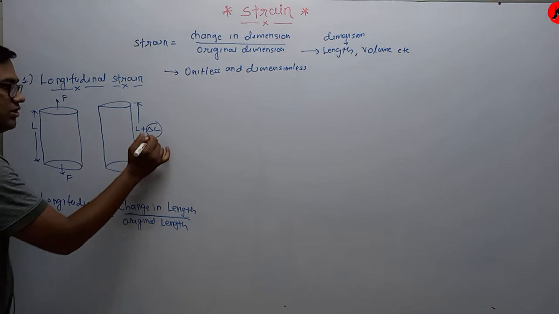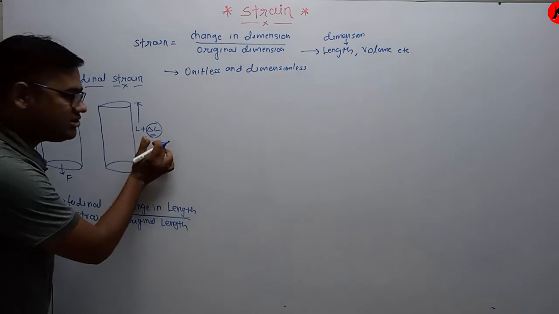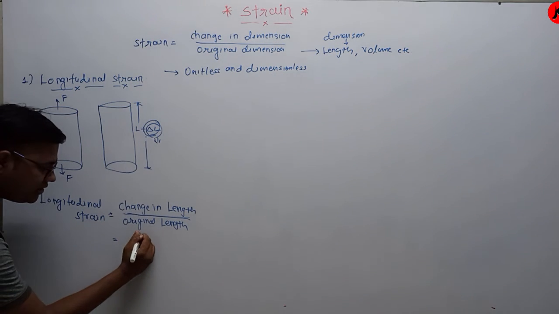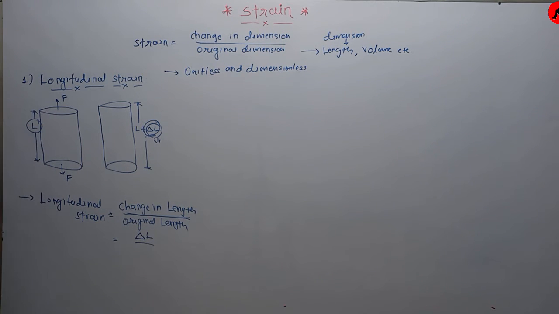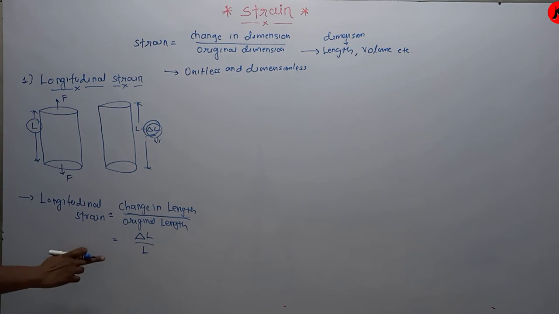Change in length, which is delta L: when the force is applied, the length of the cylinder will be changed by delta L. So delta L is the change in length, and the original length is L. So delta L by L is the longitudinal strain, right?